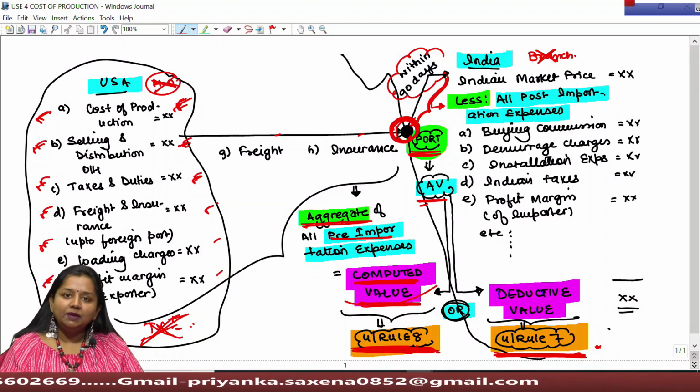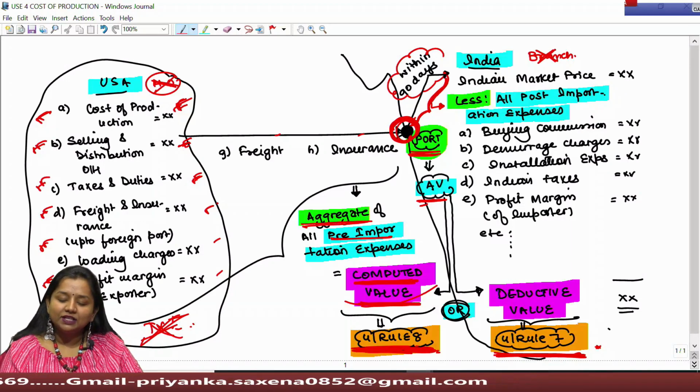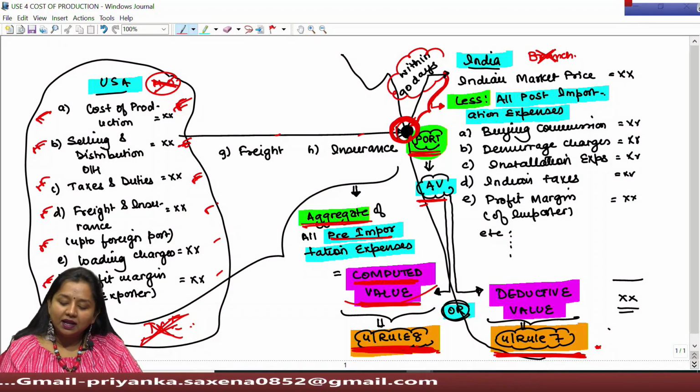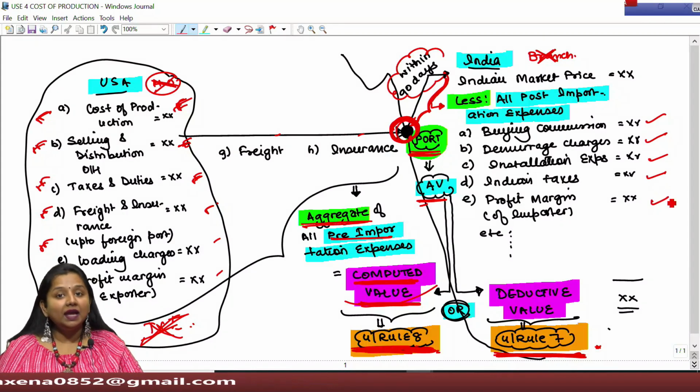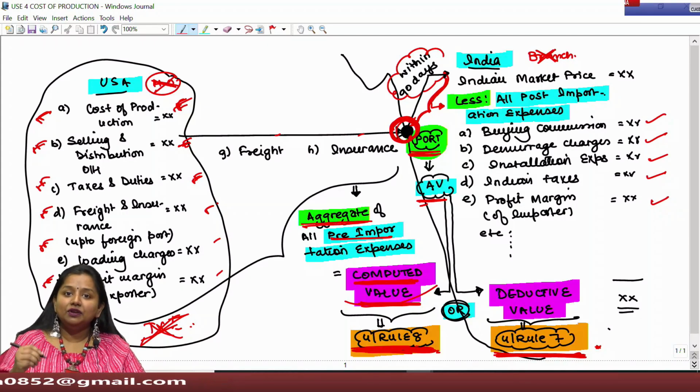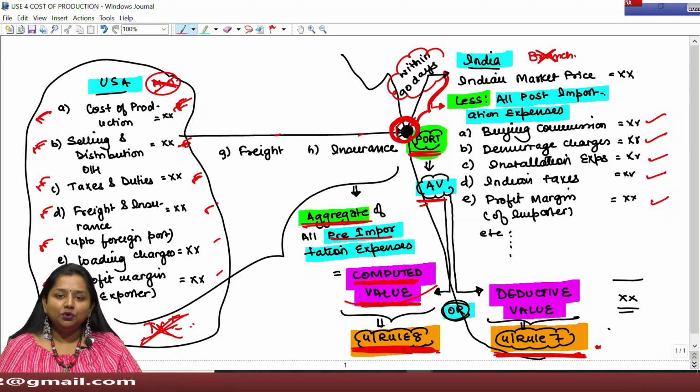And what could be the post-importation expenses, such as we had already covered under Rule 10: buying commission, demurrage charges, installation charges, taxes or duties paid in India, profit margin of importer, advertisement, selling and distribution, freight and insurance from Indian port to Indian market, and so on.